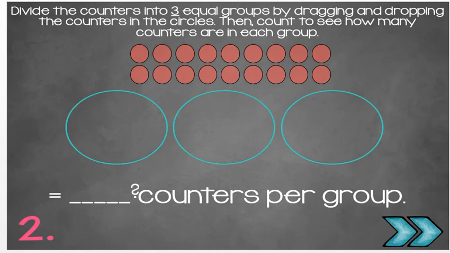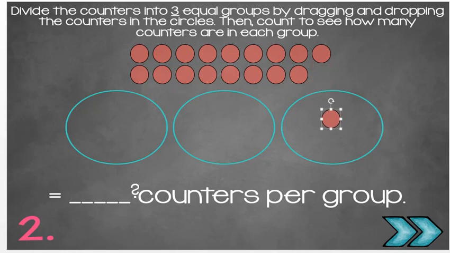Okay, here we have 1, 2, 3, 4, 5, 6, 7, 8, 9, 10, 11, 12, 13, 14, 15, 16, 17, 18. So we're going to put 18 into 3 equal groups. So 1, whoops, I'll do it like this.